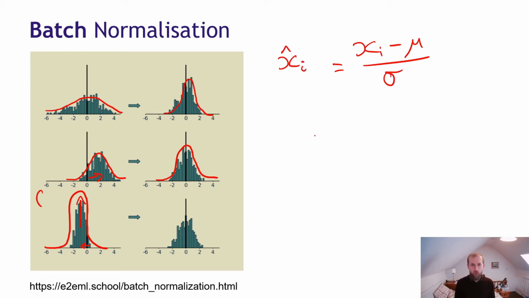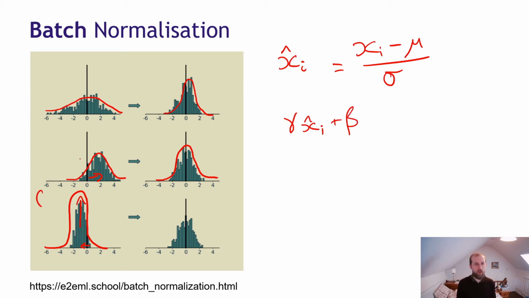And what we do with this x hat is we actually learn two more weights. So you can think of this as almost like having another layer, but the layer's got only one neuron. So we're going to learn a scale term, this is gamma, and we multiply this scale term by x hat i, and then we also learn a shift term.